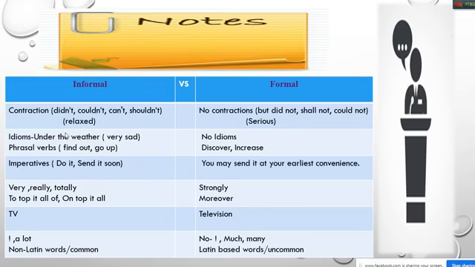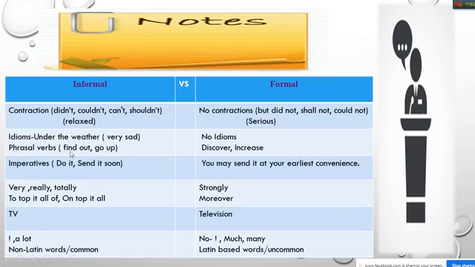But you can write them in informal letters, such as under the weather, meaning very sad. If you write it in your formal letter, you cannot do this.